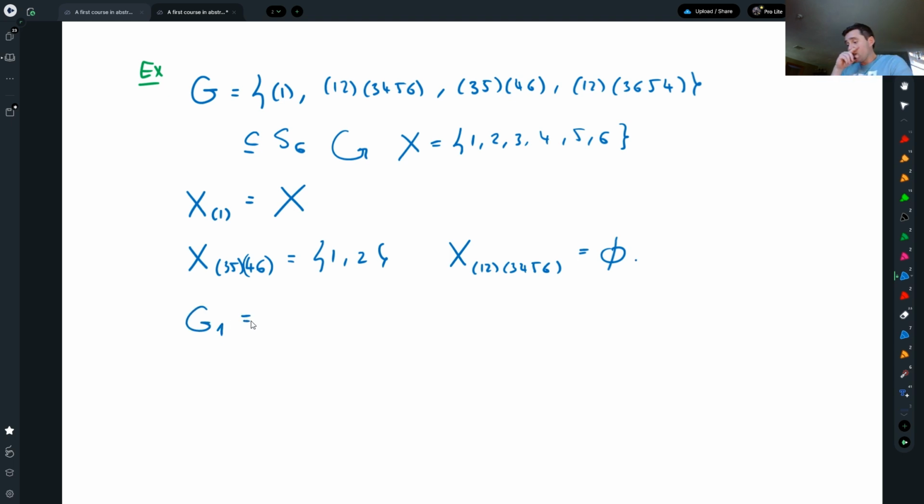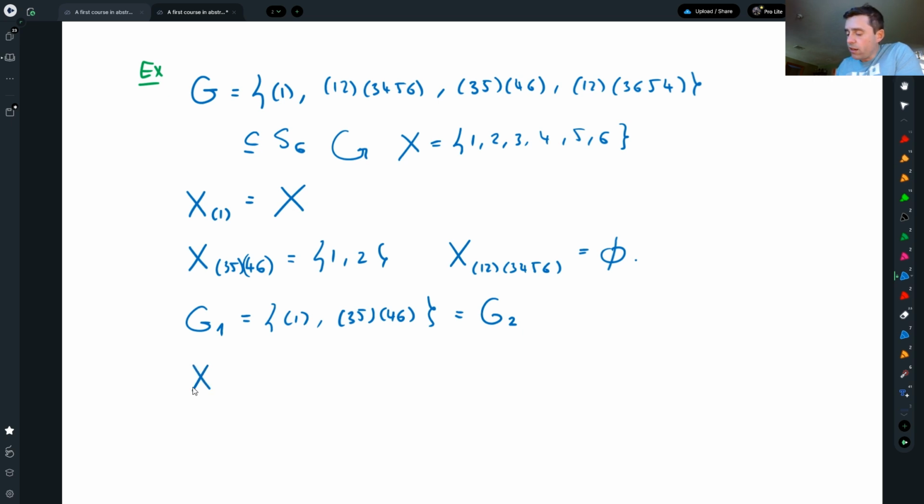What about some stabilizers? What stabilizes 1? The identity stabilizes 1. This element does not stabilize 1, but this element does, and this one doesn't. So (3 5 4 6) is in the stabilizer of 1, and that's it. Notice that this also stabilizes 2, so the stabilizer of 2 is also that.